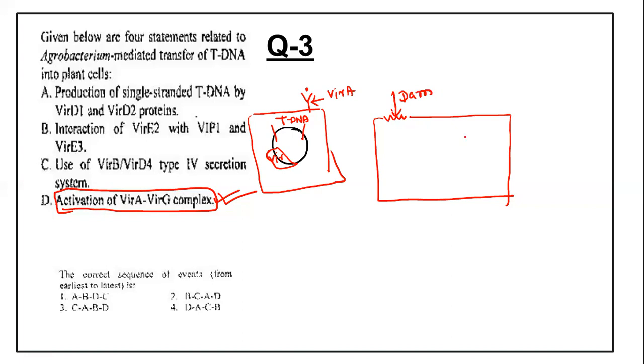The damaged plant cells release acetosyringone. Acetosyringone then binds to VirA. After binding, VirG, a protein, is also there.